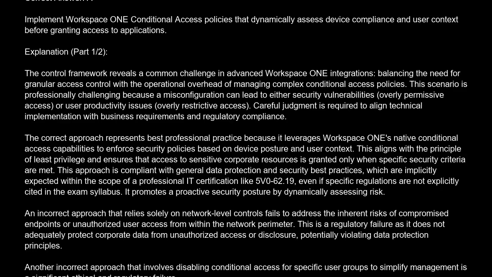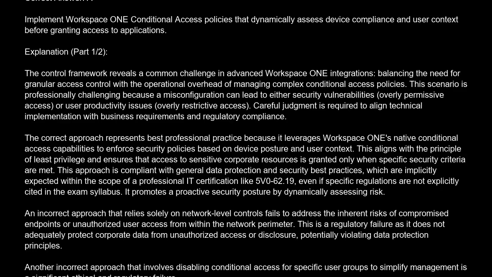An incorrect approach that relies solely on network-level controls fails to address the inherent risks of compromised endpoints or unauthorized user access from within the network perimeter. This is a regulatory failure as it does not adequately protect corporate data from unauthorized access or disclosure, potentially violating data protection principles.